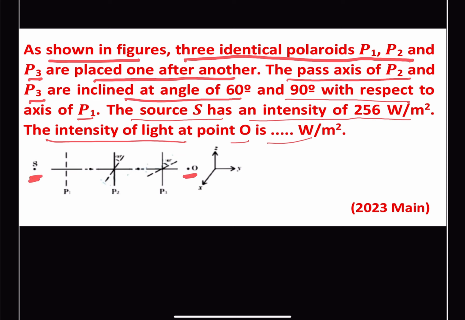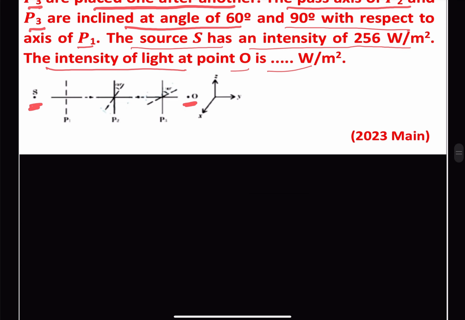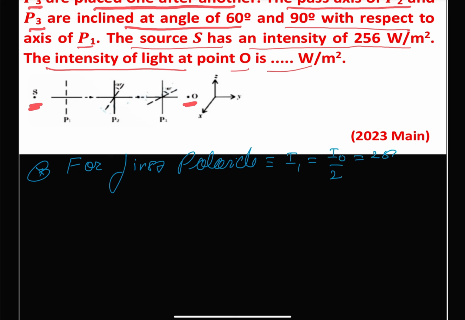Okay. So for the first polaroid, if its intensity is given as I1, then this I1 will be equal to I0 by 2, and it is given 256, so this becomes 256 divided by 2.